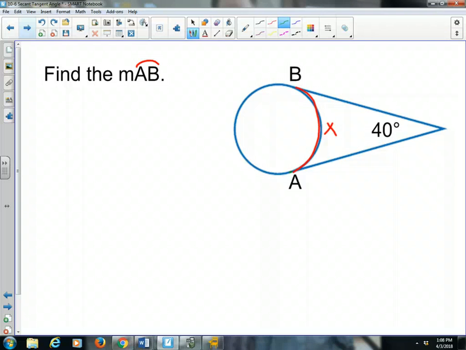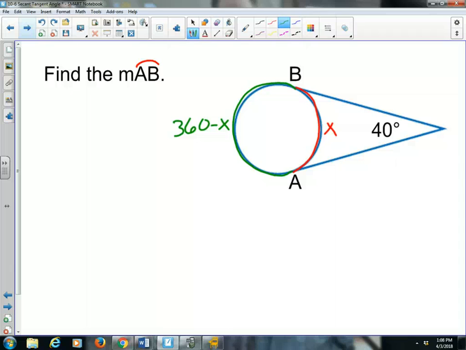Question for you, how many degrees is this green arc? Well, the red and the green arc together make 360 degrees, right? So if all I want is the green arc, it's 360 degrees minus the red arc. So it'd be 360 degrees minus x. If AB is 20 degrees, then the major arc, the green arc, would be 360 minus 20, be 340.